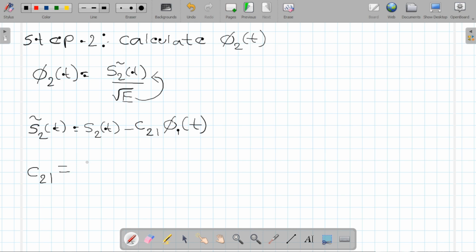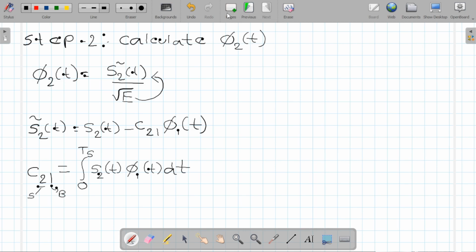As I have already mentioned, it varies from 0 to Ts. This first t stands for signal and the second t stands for basis function. So it indicates the integral of S2 of t into phi 1 of t into dt.